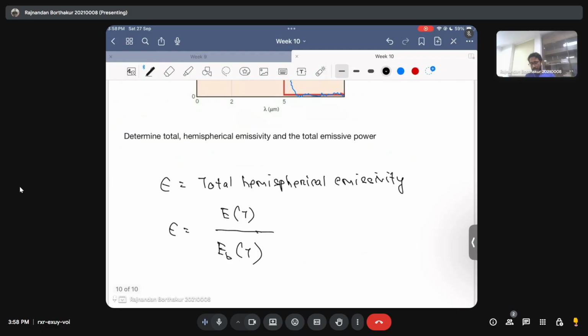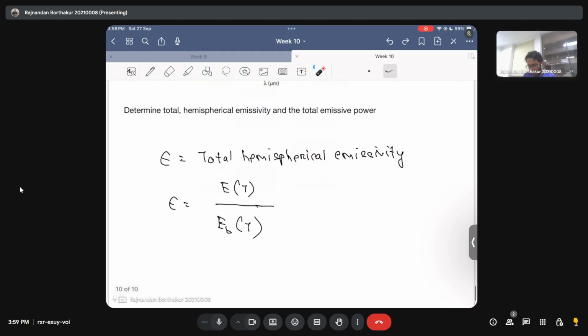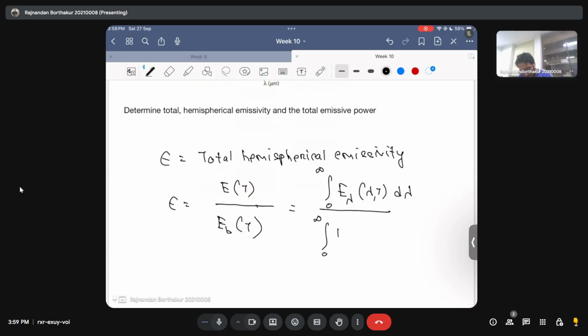But what we are given is the spectral dependence and not directly the total dependence. And the total dependence is what we are actually trying to calculate. So we will write this as an integral from 0 to infinity of E lambda, now a function of lambda and temperature, d lambda, divided by the integral from 0 to infinity of EB lambda.